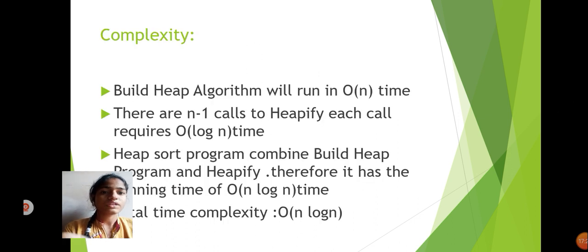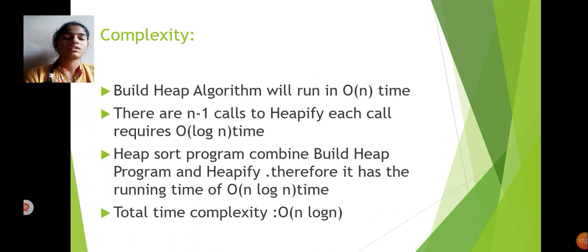So the time complexity of this algorithm: build heap will run in big O of n time. So making the heap structure up to the n nodes, right? If there are 10 elements, we should make the 10 elements into a heap-like data structure, so it takes big O of n time.